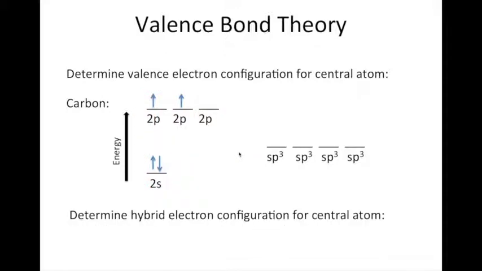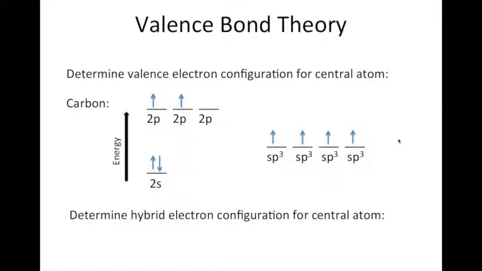Now let's write the electron configuration for the hybridized orbitals. For each of our carbons, we have 1, 2, 3, 4 valence electrons. So we're going to follow the Aufbau principle and Hund's rule. We're going to put 1 electron, one of our 4, into each of our hybrid orbitals. Each electron has the same spin.